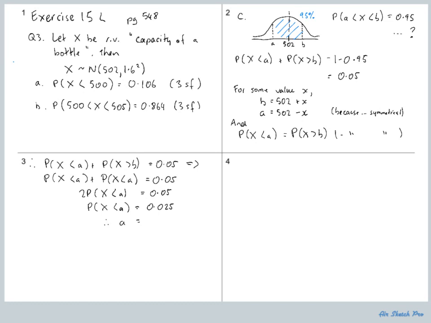The mean is 502, and the standard deviation is equal to, what was it, 1.6? 1.6. Sorry, you can't see this on the screen. I've been trying to get the software, but it's not working for me. So that's given me a value of 499 to 3 significant figures.